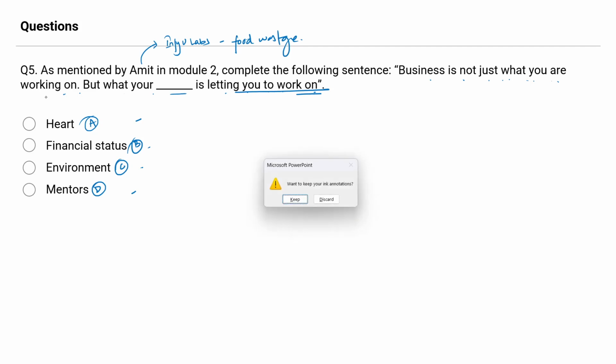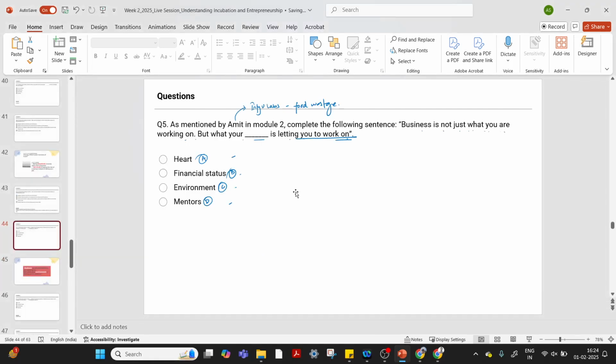Just meanwhile, check the recording aspect, and if there are any new joinees, new learners who have joined in.